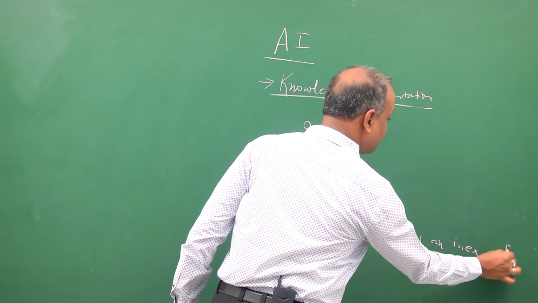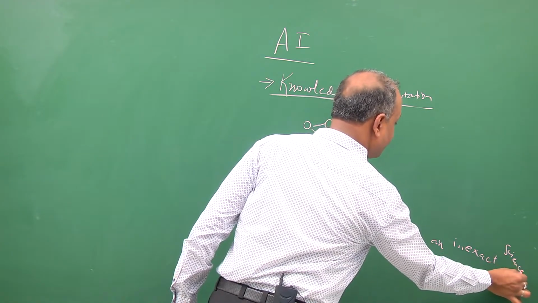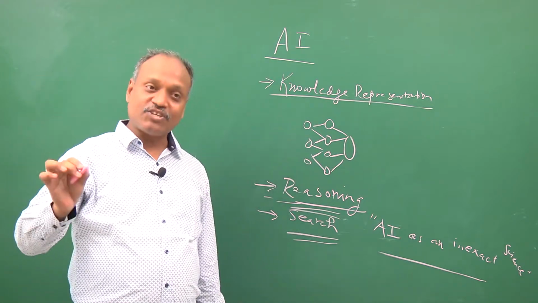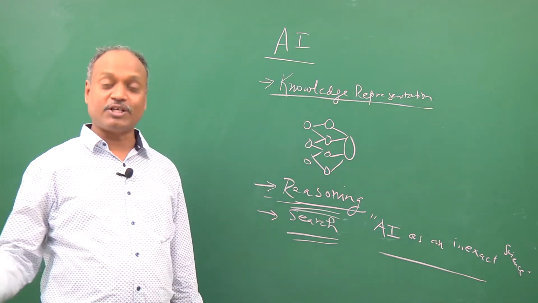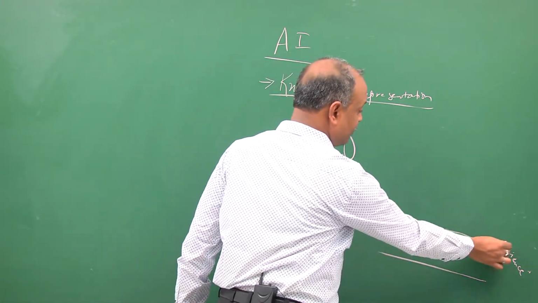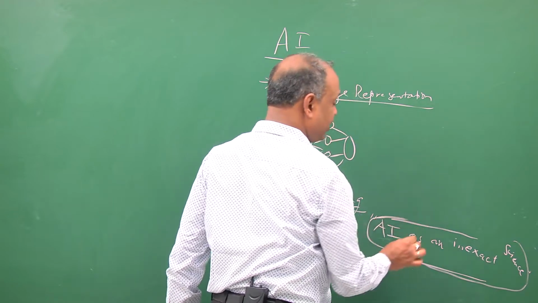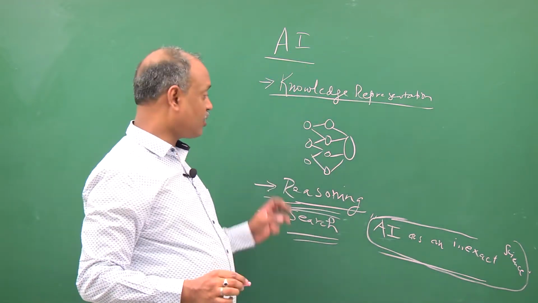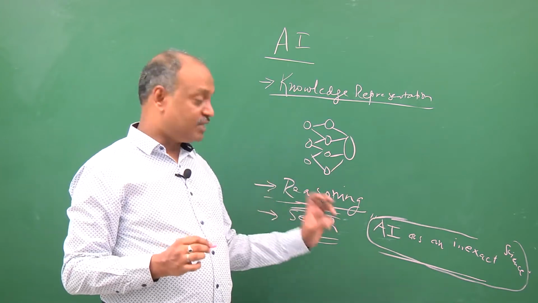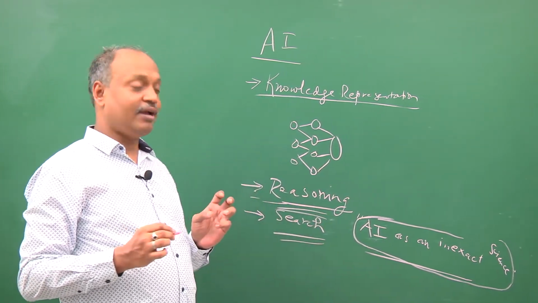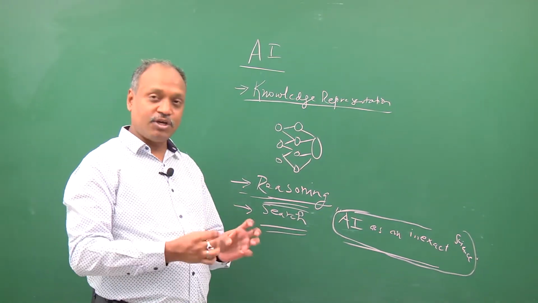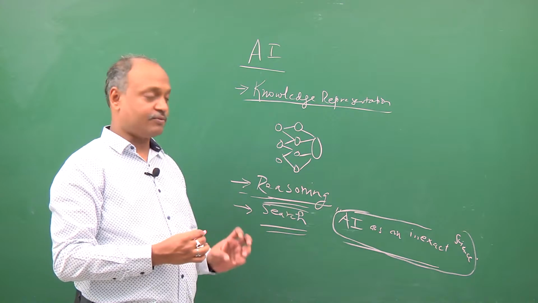Inexact science means we don't want to create a perfect or an exact equation to satisfy a particular input and explain the output in terms of inputs, but you explain the majority of the phenomena in terms of a potential knowledge representation or a model, but you don't want to call it an exact science. So that's where AI becomes more like an exploration and a science of search through possible myriad alternatives.